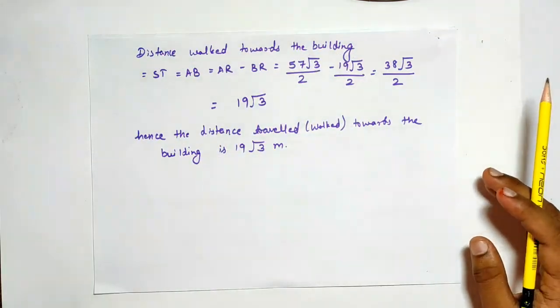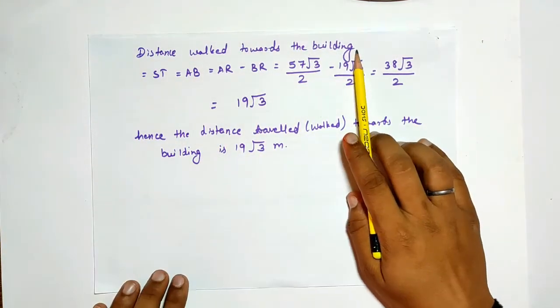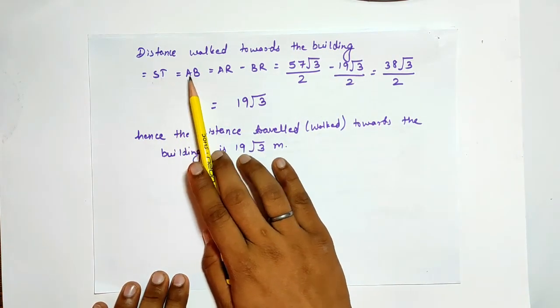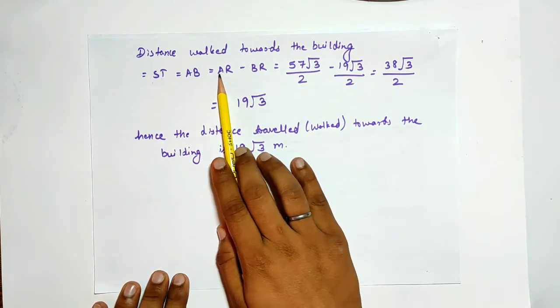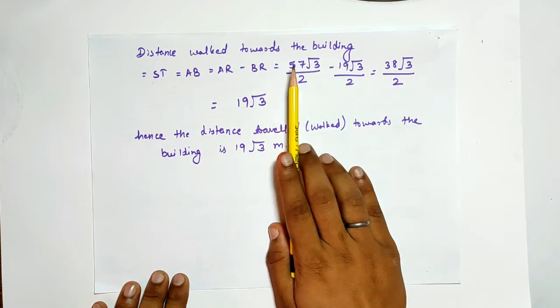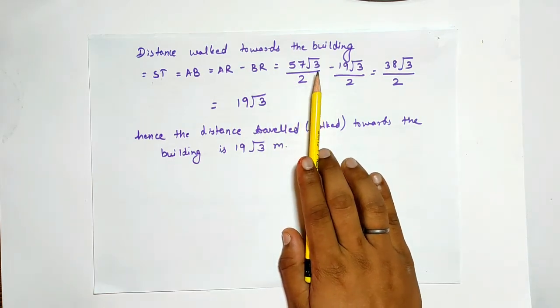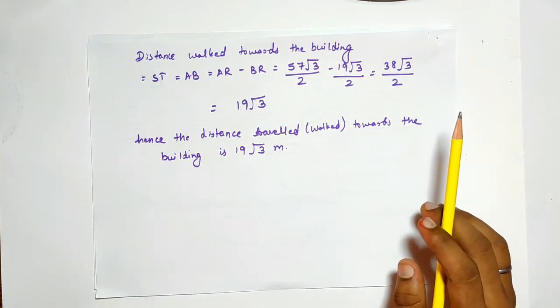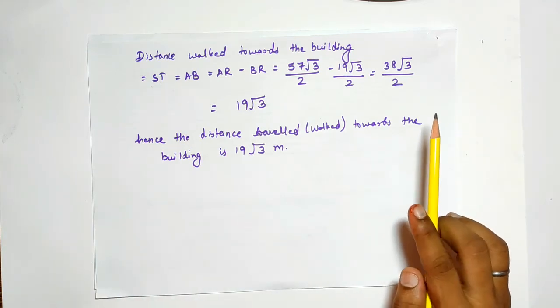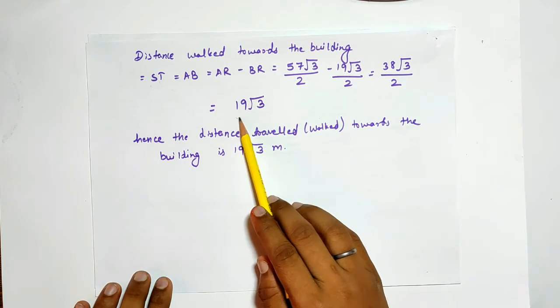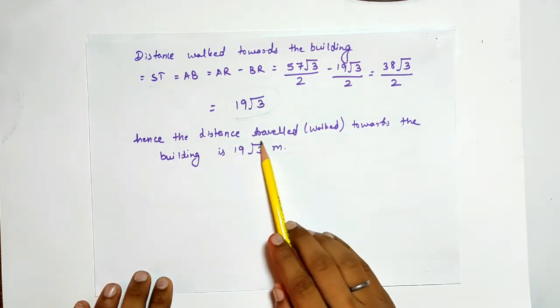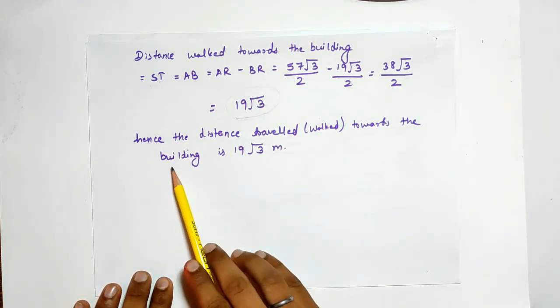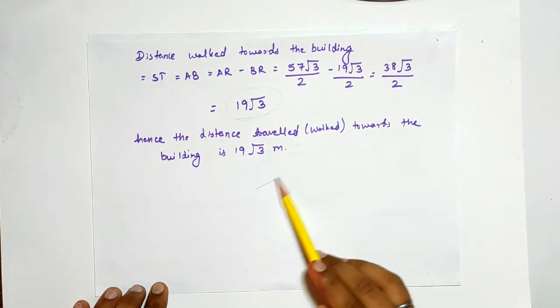So now the distance walked towards the building is ST, which is equal to AB, which is equal to AR minus BR, which is 57 root 3 upon 2 minus 19 root 3 upon 2, which is equal to 38 root 3 upon 2, which is equal to 19 root 3. Hence the distance walked towards the building is 19 root 3 meter.